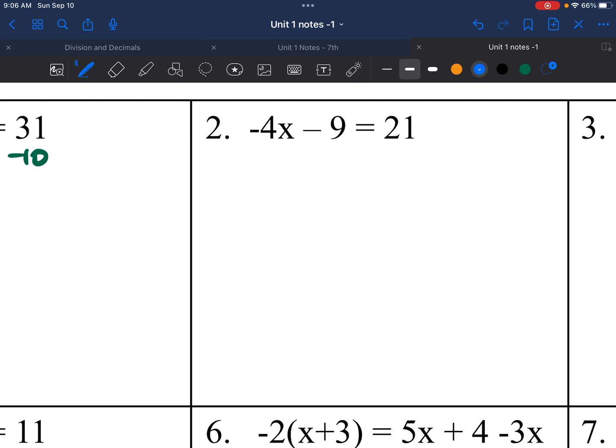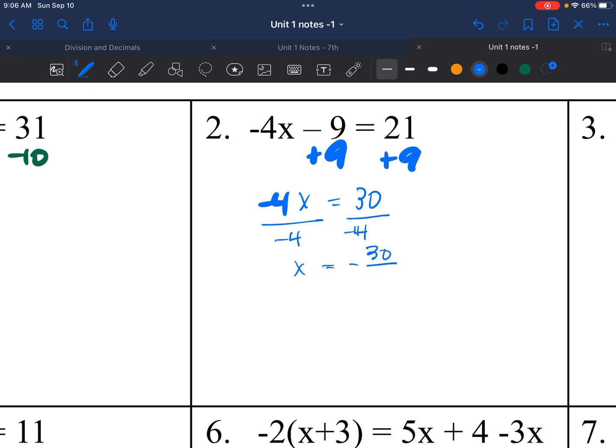Hopefully everyone started with the opposite of subtraction. So we are adding our 9 to both sides. Now we have negative 4x is equal to 30. We are dividing by that negative 4, dividing by that negative 4. So x is equal to negative 30/4.